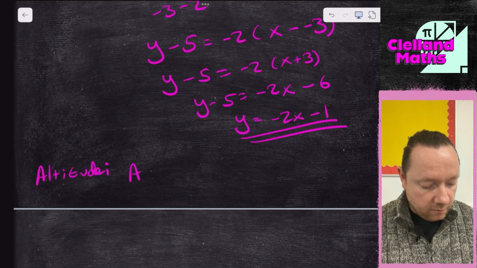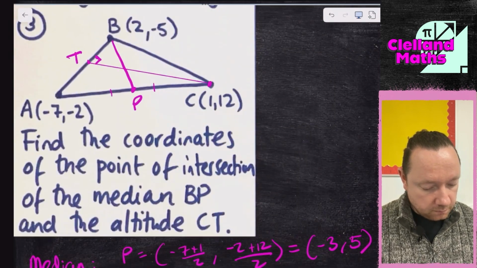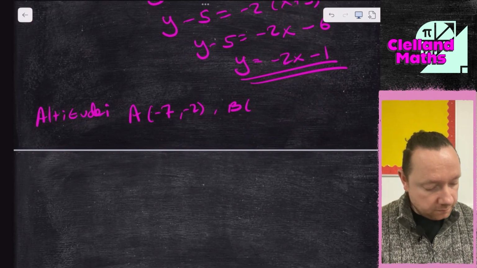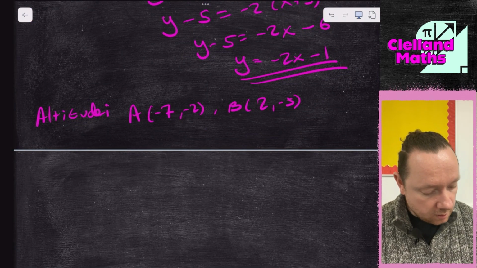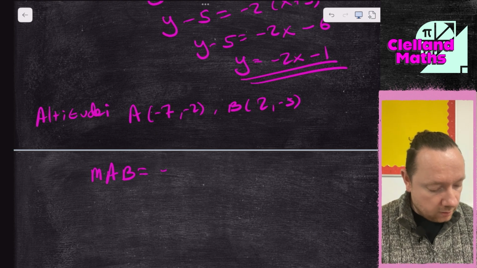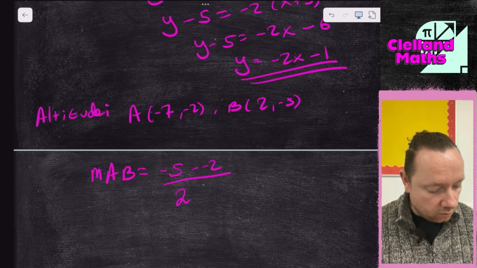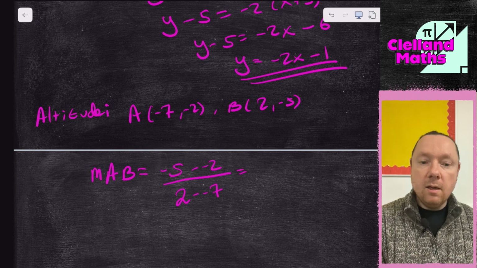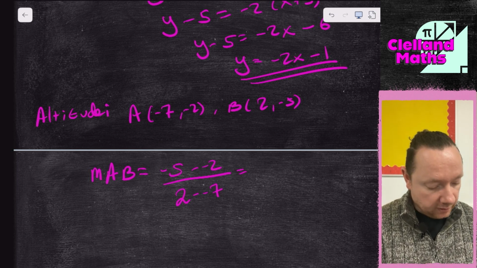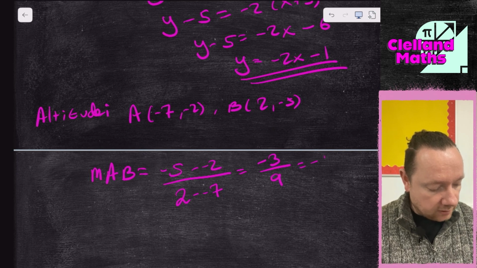We've got our points A, which is -7, -2, and B, which is 2, -5. So our gradient of A to B is y2 minus y1, -5 minus -2, over x2 minus x1, which is 2 minus -7.